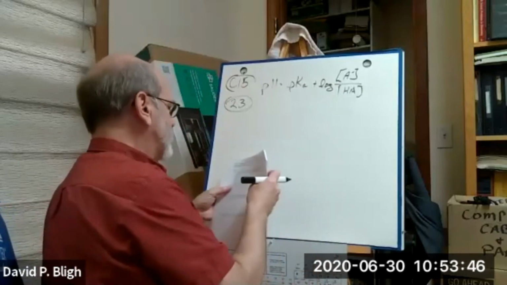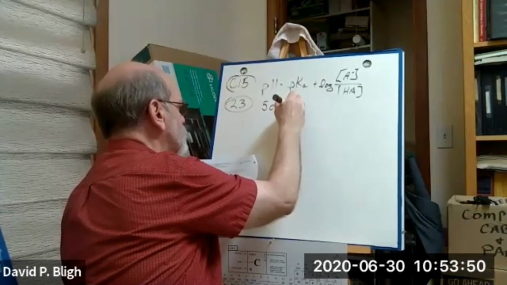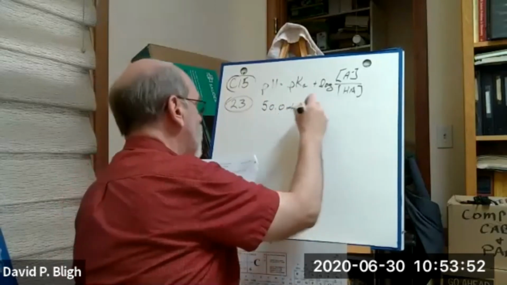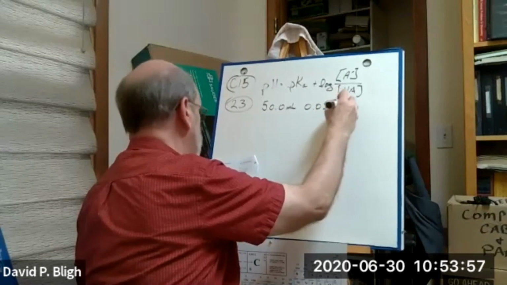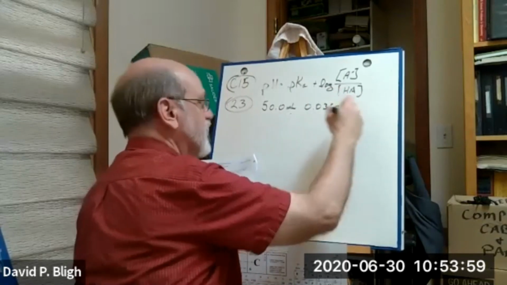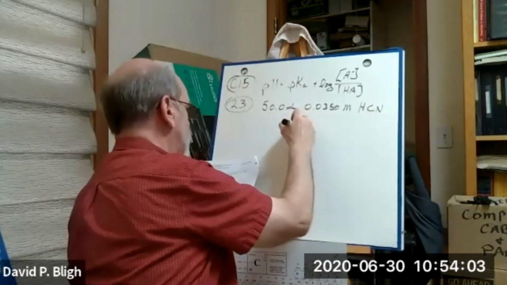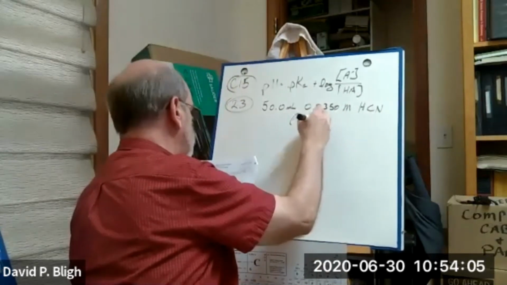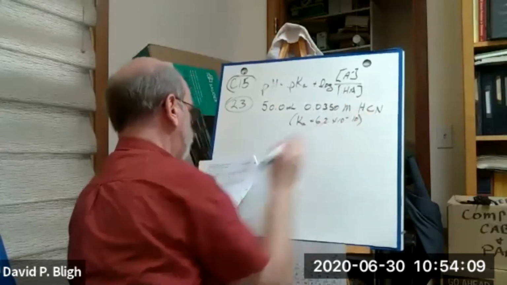Okay, so we're given 50 milliliters of 0.0350 molar hydrocyanic acid, and its Ka is equal to 6.2 times 10 to the minus 10.